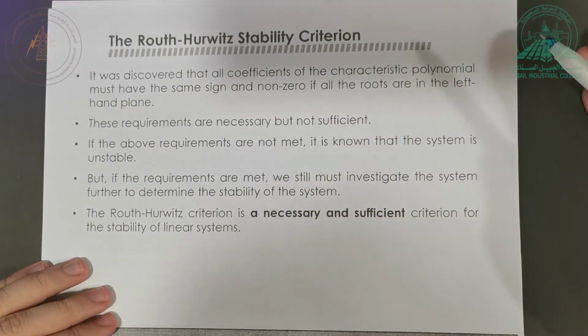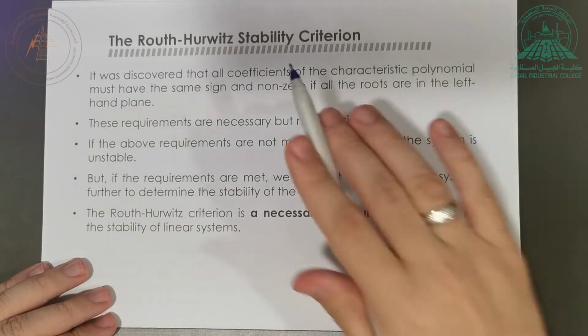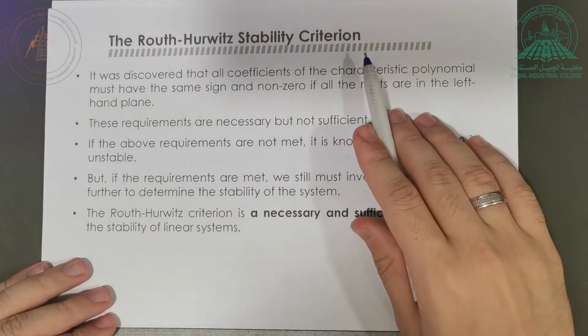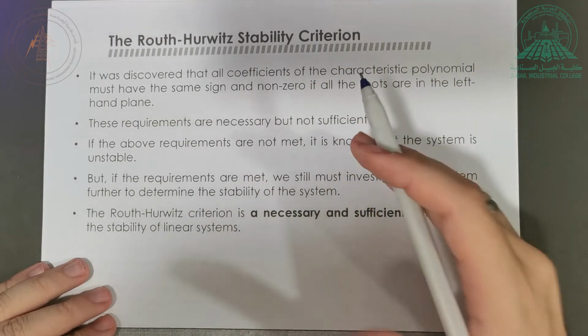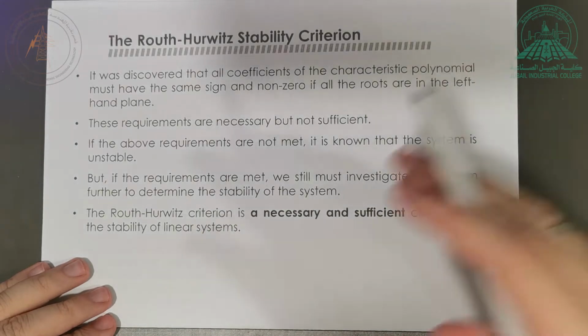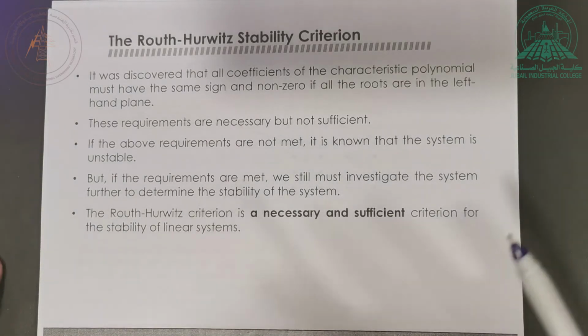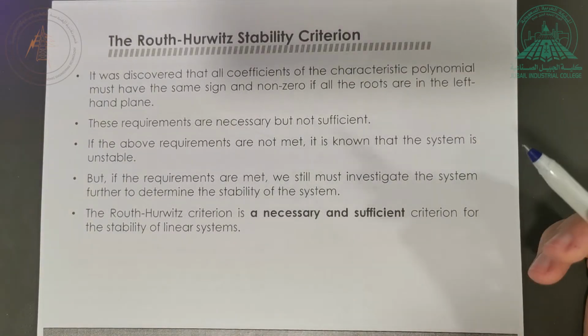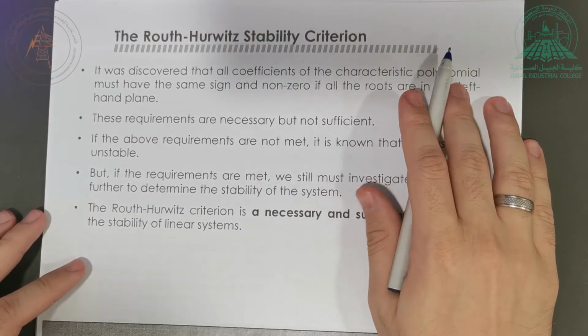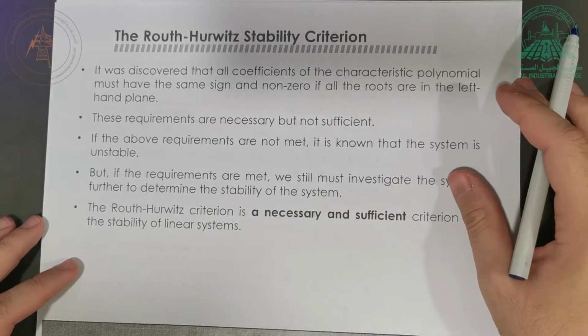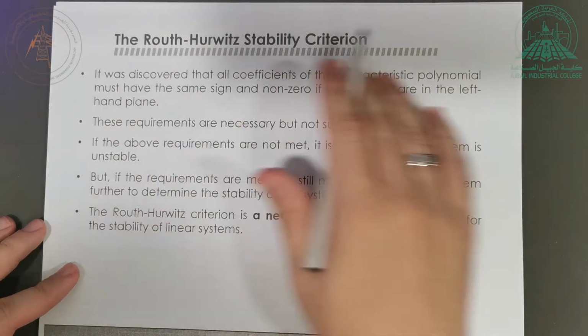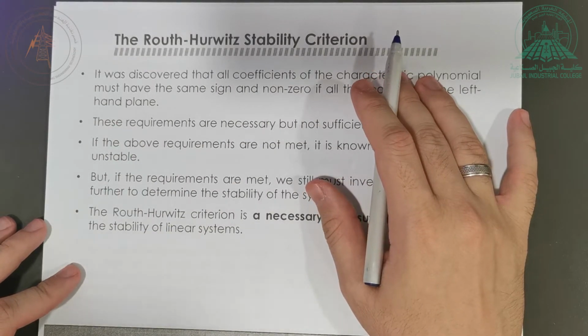Do I have any positive poles or not? If I have any poles on the right hand plane, it means unstable. If I don't, it means stable. Simple as that. So applying this technique will tell me whether the system is stable or not.